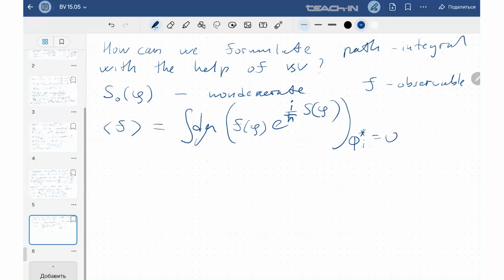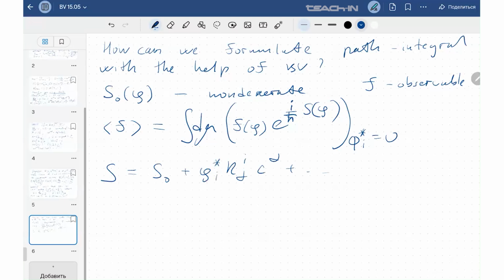But the situation becomes more interesting in the case of gauge theory. In the case of gauge theory, our S_BV is something like S naught plus phi star I alpha C alpha plus more.